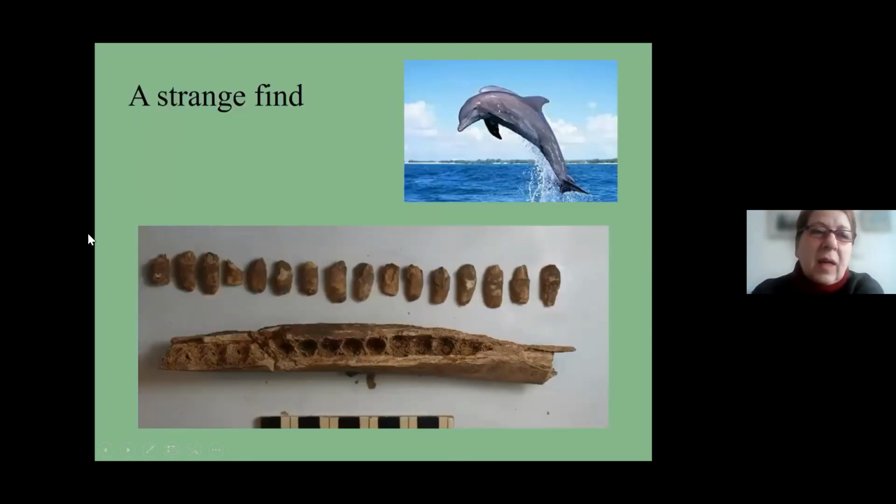Another strange find that I found also in the palatial complex was this jaw of a dolphin. I was taken totally aback: what does a dolphin do in the mountains of Yozgat? It was found inside, close to the Aslan building, and this is the only bone I identified.